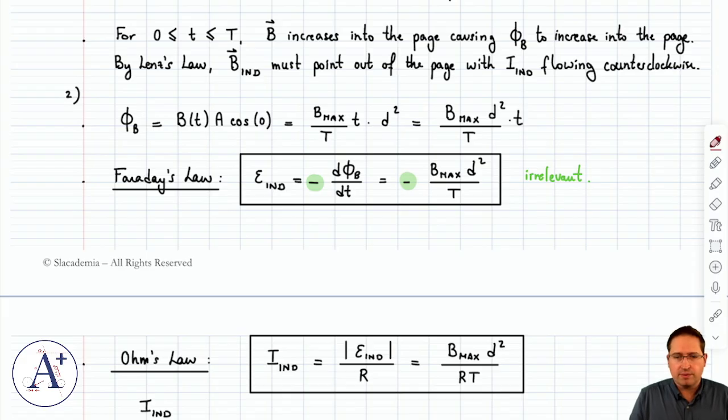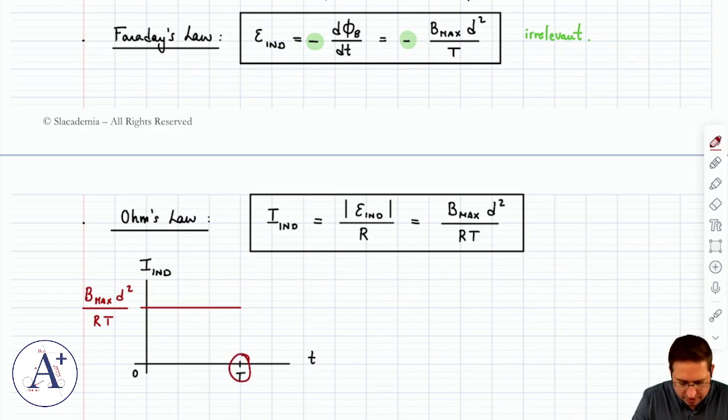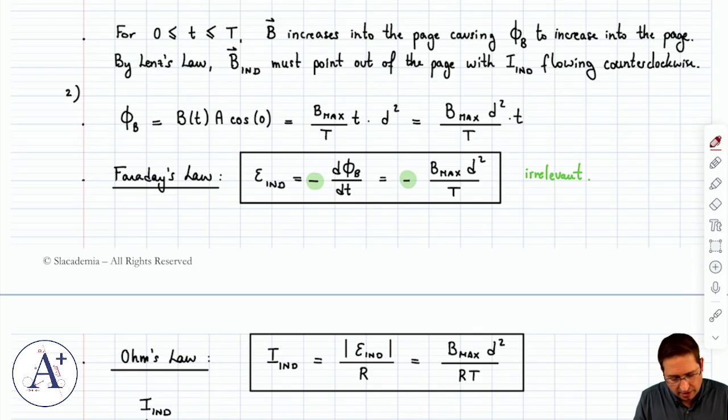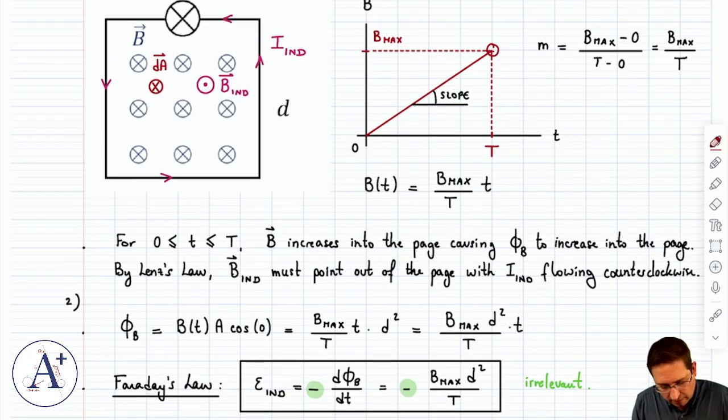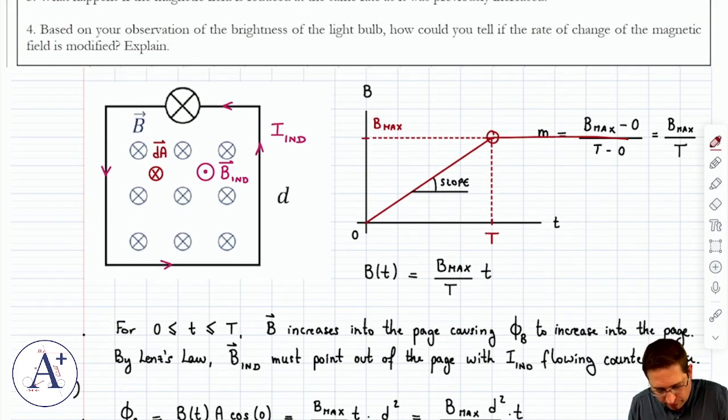I induced is constant. Now, there is something to be said: if after time capital T we stop increasing the magnitude of the magnetic field, then flux is no longer going to change. If we ramp up the magnetic field to B max, but then after capital T we hold it steady at B max, then the flux would never change.